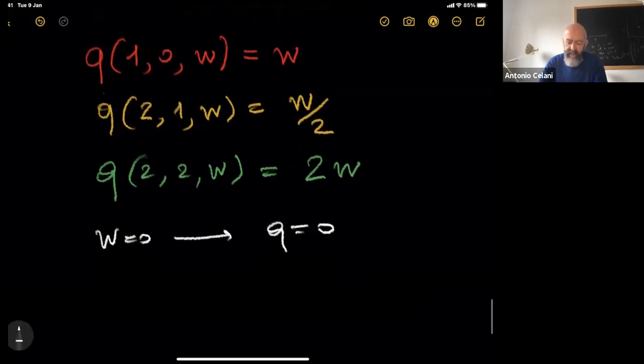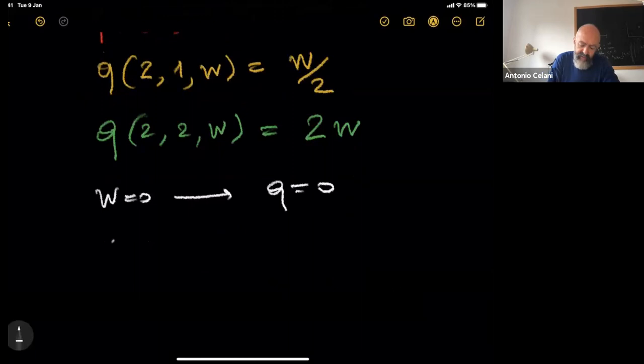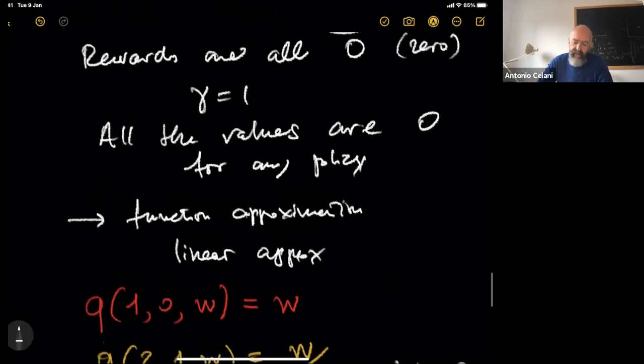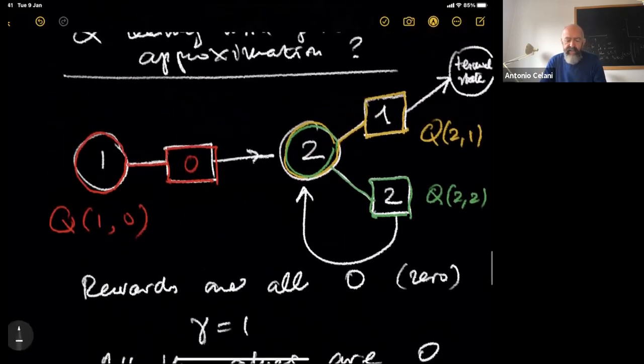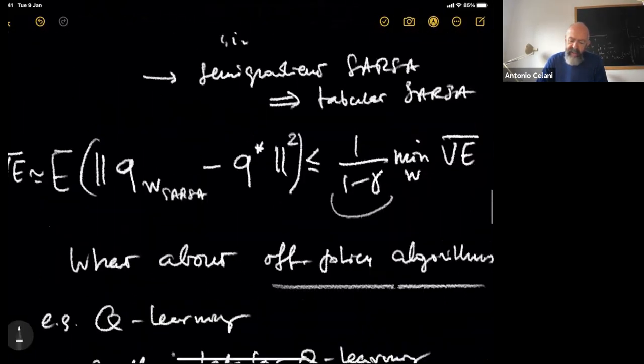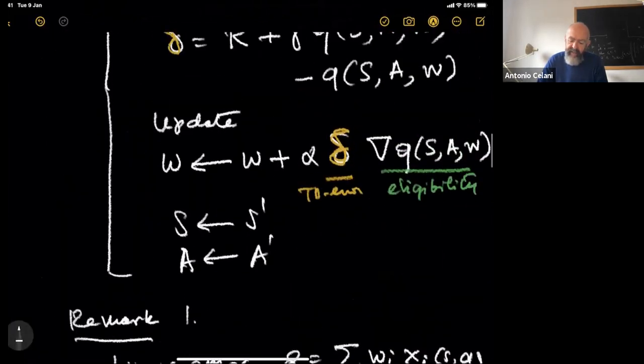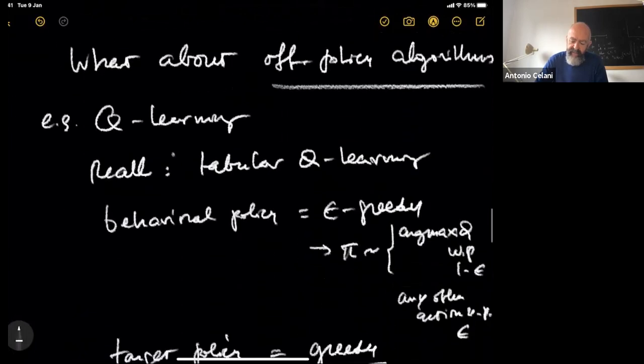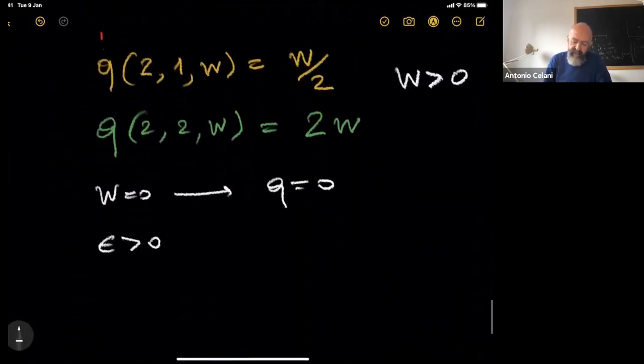For Q-learning, I have to define my parameter epsilon. Let's assume also that W is larger than 0. And let's see what Q-learning does. Let's start our analysis from state 1. We are going to use the same version of SARSA, but now with the error defined in the Q-learning sense. Let me write it here.